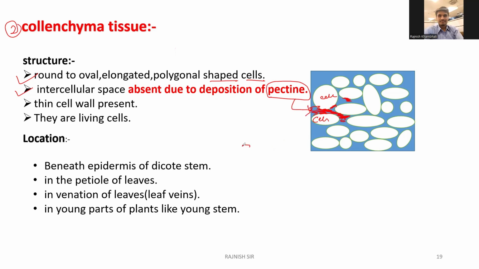If I just draw, this is one cell, this is another cell, the same as parenchyma. The gap between two cells gets filled by pectin.